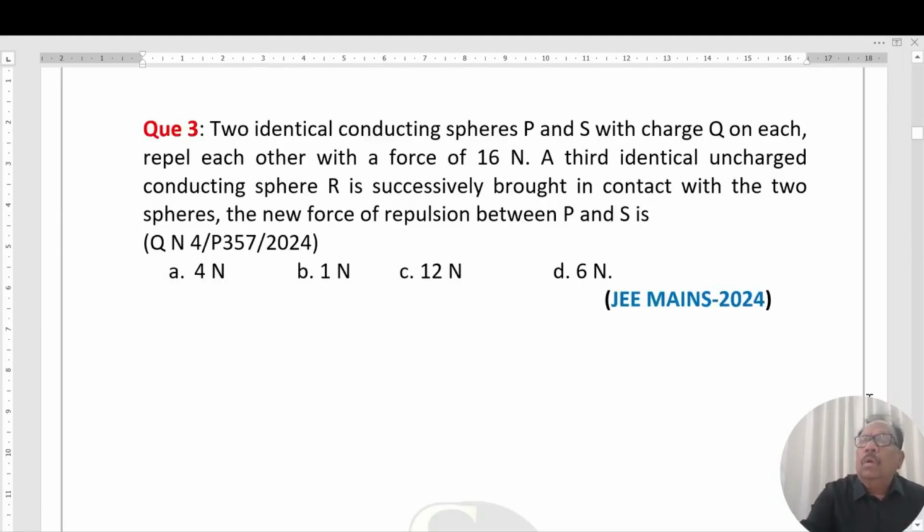Now, the question is on distribution of charge on identical bodies.